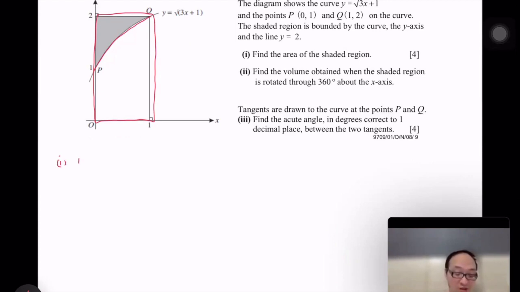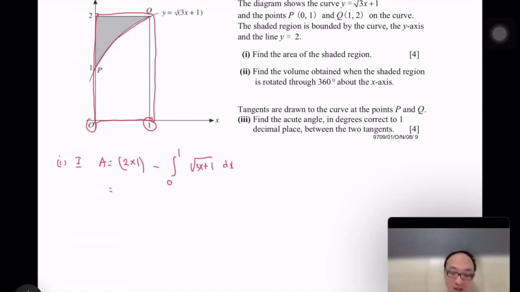So if we use the first method, I can find it using the area of the rectangle, which will be 2 times 1, minus the integral between 0 and 1 of y, that is the square root of (3x plus 1), dx.